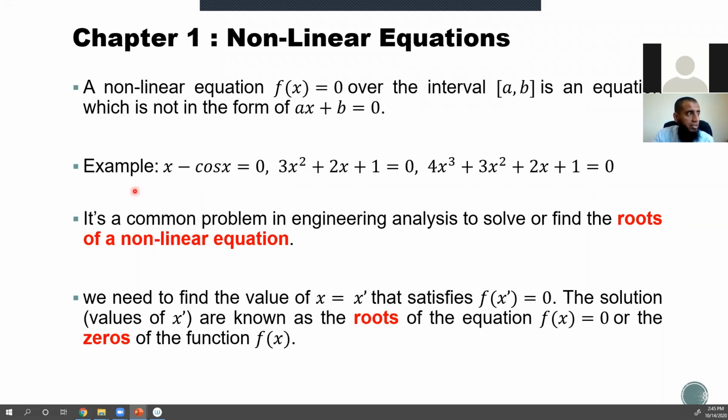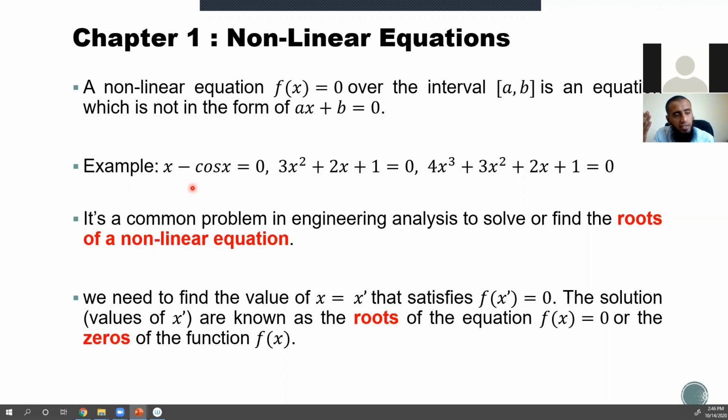It's a common problem in engineering analysis to solve or find the root of a non-linear equation. In SPM we learned to find the root. So when the equation is equal to 0, what is the value of x?